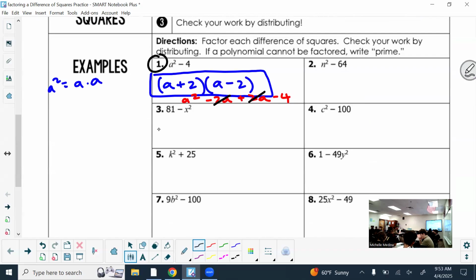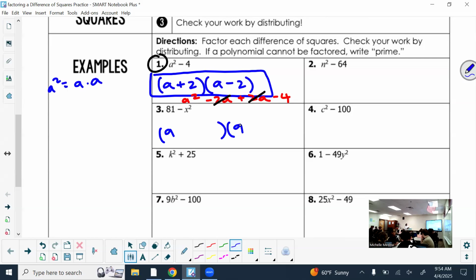So first, it needs to be a difference of squares if we're able to factor it. So everyone look up here. Is this a 2-term expression? Does it have a minus sign in between them? And are there perfect squares on each side of the minus sign? What's the square root of 81?